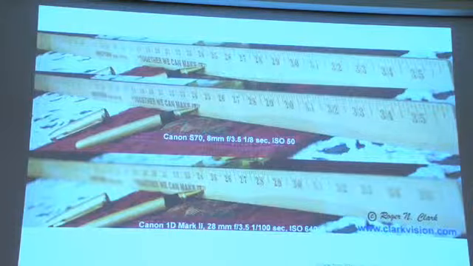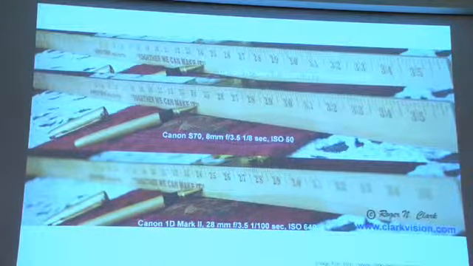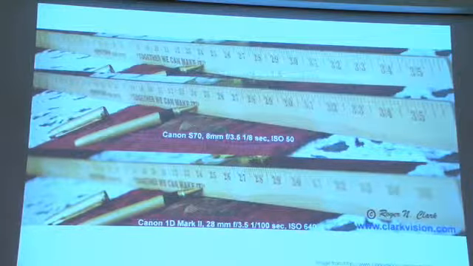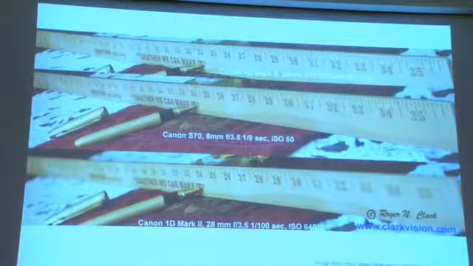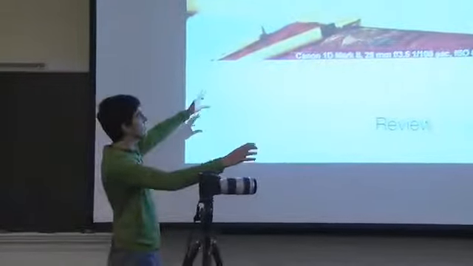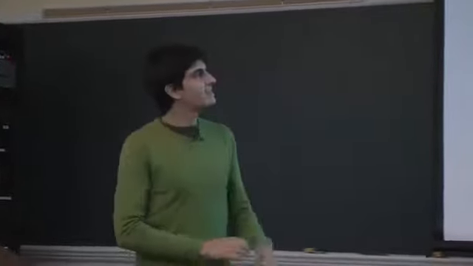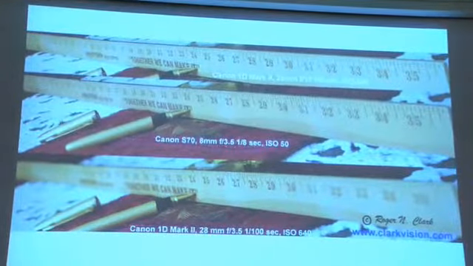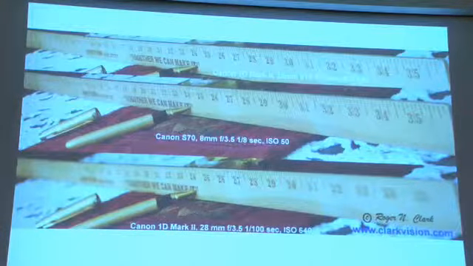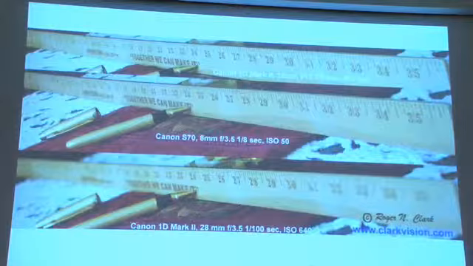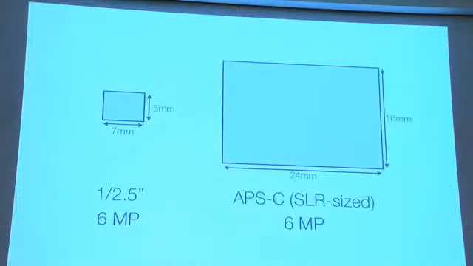And this is the same thing that we talked about in the optics lecture. This isn't anything different than what we referred to before. If you want to get the appearance of lots and lots of out of focus areas, you should use a longer lens, or you should use a lens with a very, very large aperture. And that same sort of thing is happening here, because in order for us to get the same field of view in this smaller camera that has a much smaller sensor, we have to use a much shorter lens than we do on this larger sensor, right? This isn't anything different than what we were talking about in this slide or even in this slide.